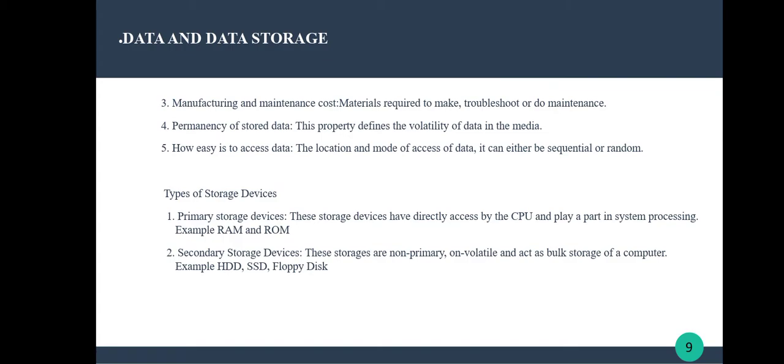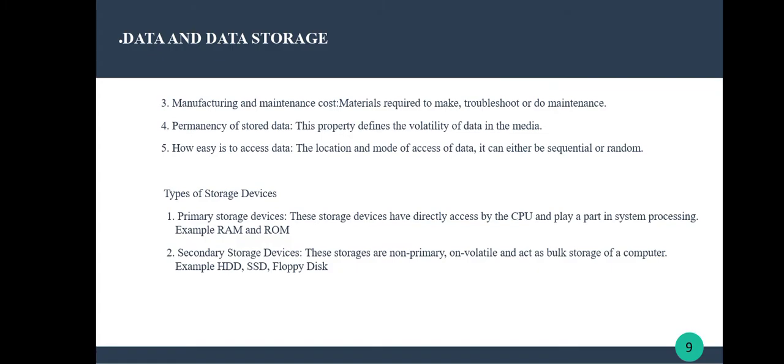But in sequential mode of accessing the data, the processor has to go through a sequence of chapters in the memory or storage devices so as to reach the data it wanted. So as you can see, random access is easier than sequential. Since sequential occupies more time, it needs more time in order to reach the required chapter.